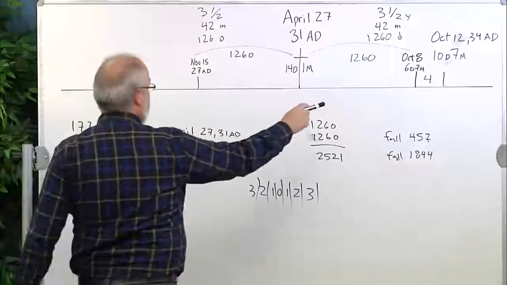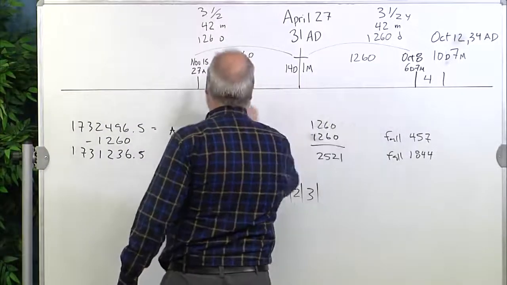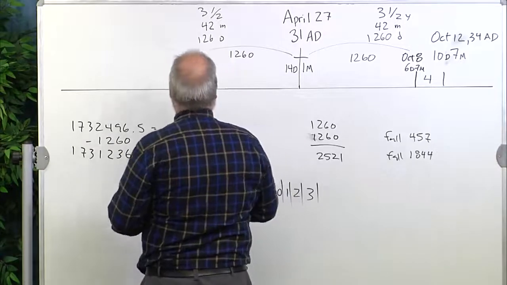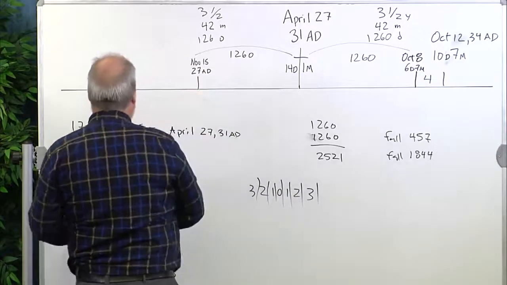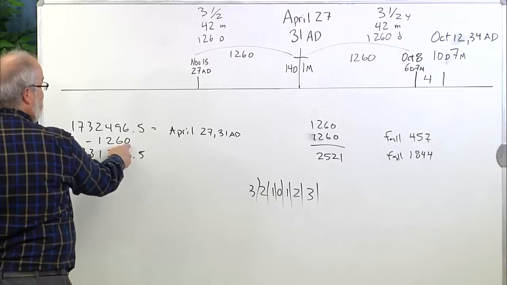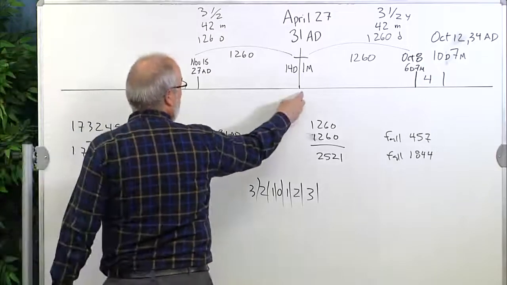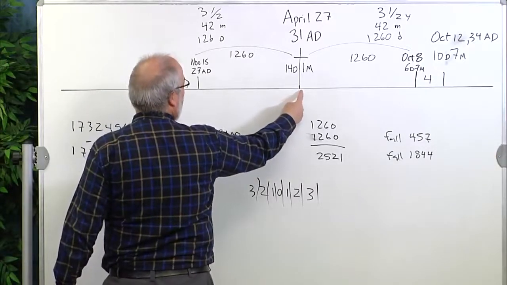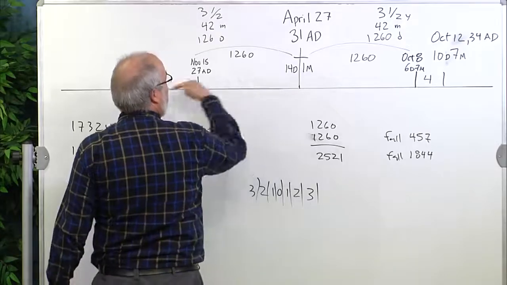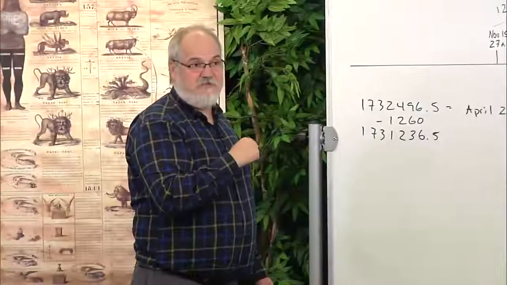But that means I would have 2,521 days from this date to this date, if I counted this as 1. So that's why I actually only went 1,260 days. That is, I'm starting at the end of this day and counting this day as 1 when I go this way, instead of counting it as 0.